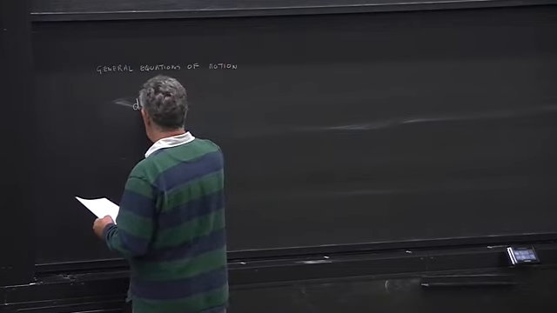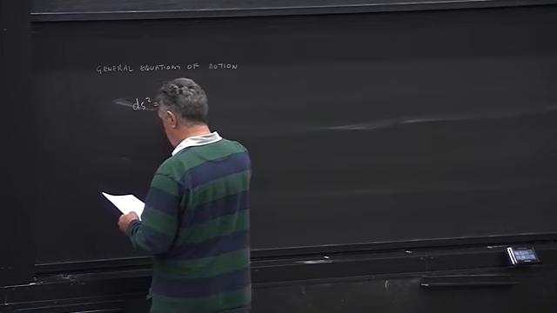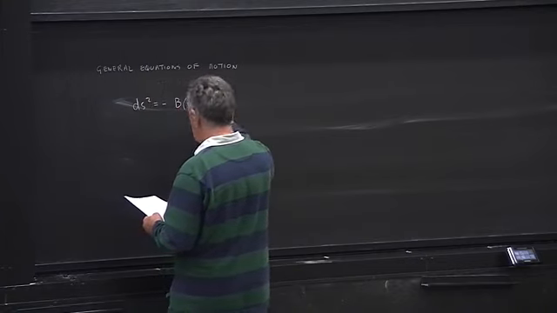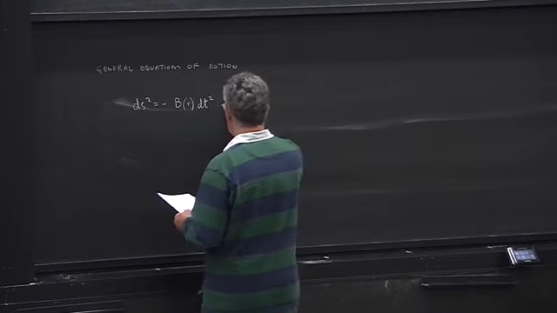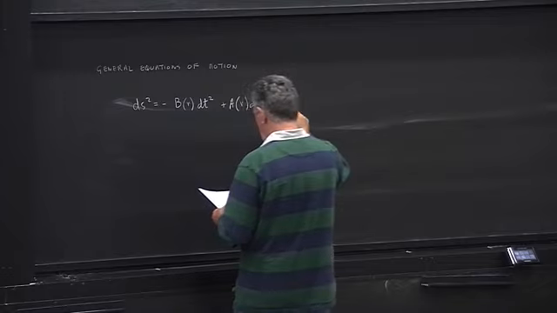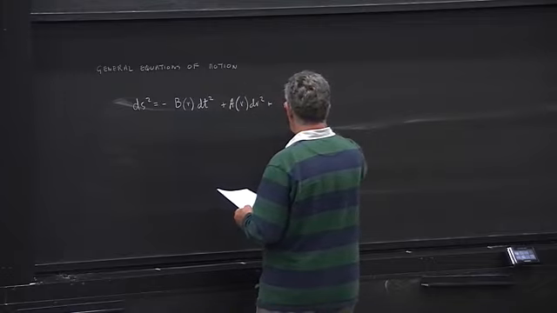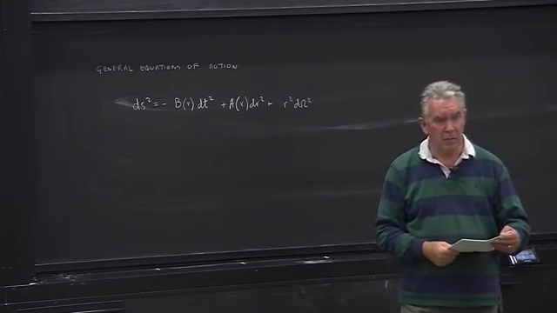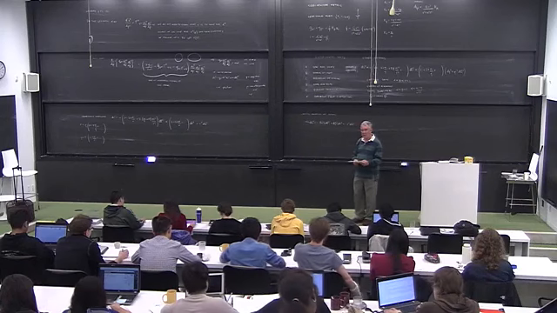And we're going to write the line element as minus b of r dt squared plus a of r dr squared plus r squared d omega squared. So we're going to leave a and b arbitrary functions and then plug in their values later on.